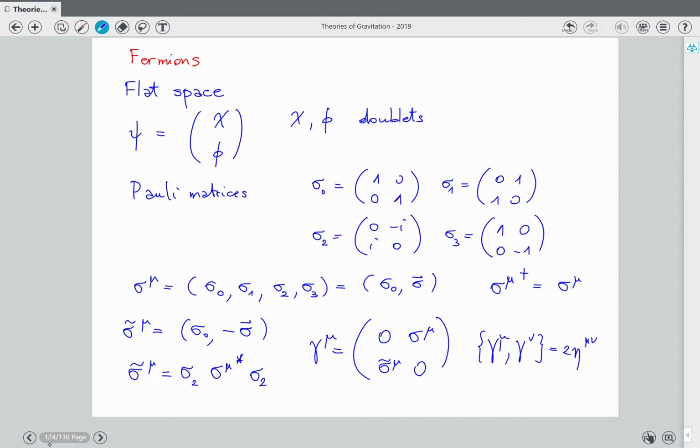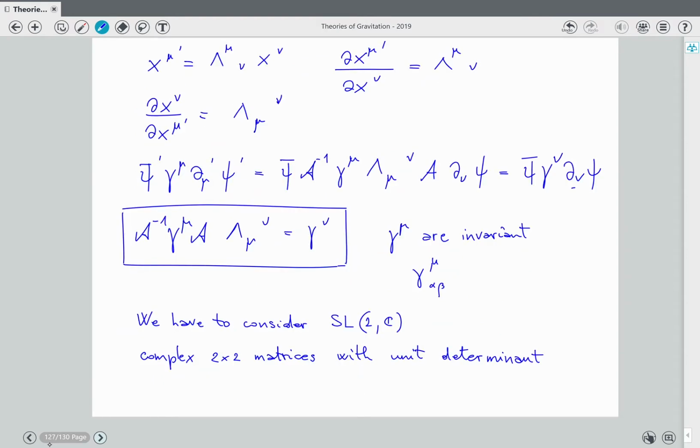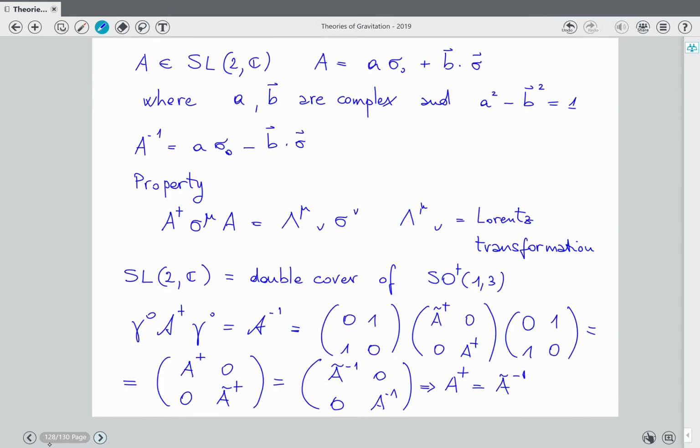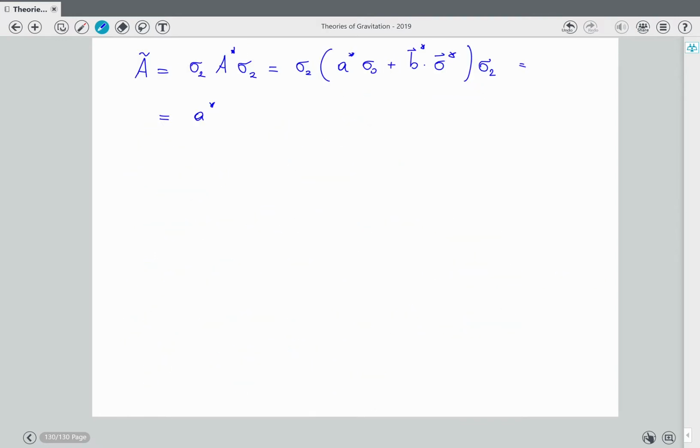No, sigma 2 times sigma 2 is +1. The square of the matrices is equal to 1. So sigma 2 times sigma 2 is +1. So here you have A star sigma 0, and then you have B star sigma 2 sigma star sigma 2.